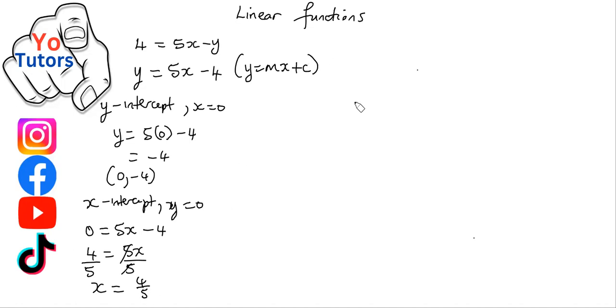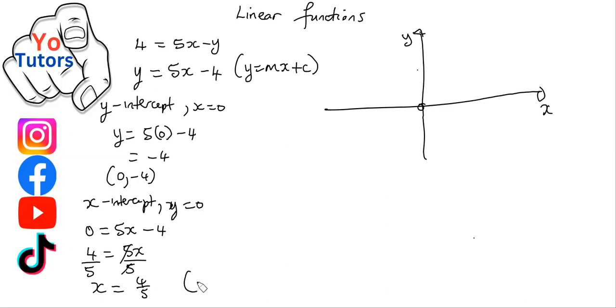Okay. Now, when we are sketching linear functions, we just need to connect the intercepts, the y and x. So here, let's draw our graph. There's going to be our x, our y, our origin. Then the coordinate here is 4 over 5 and 0.